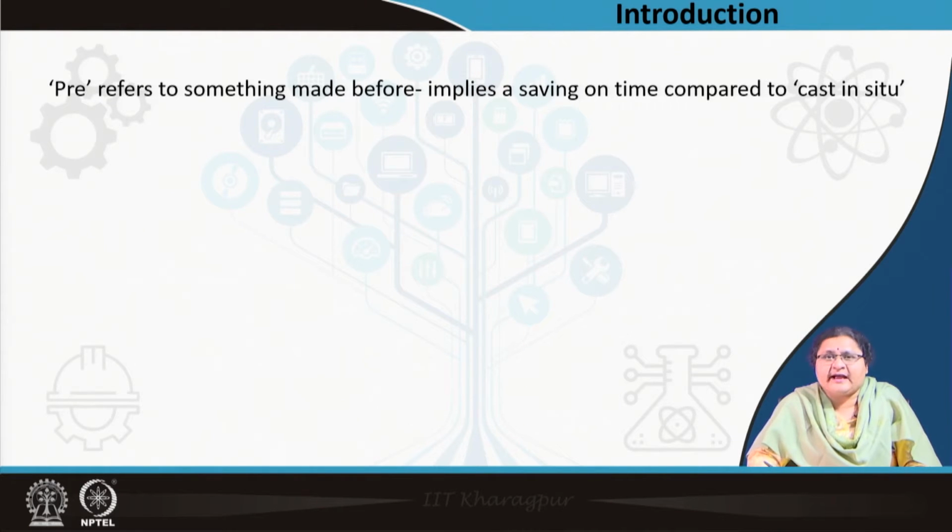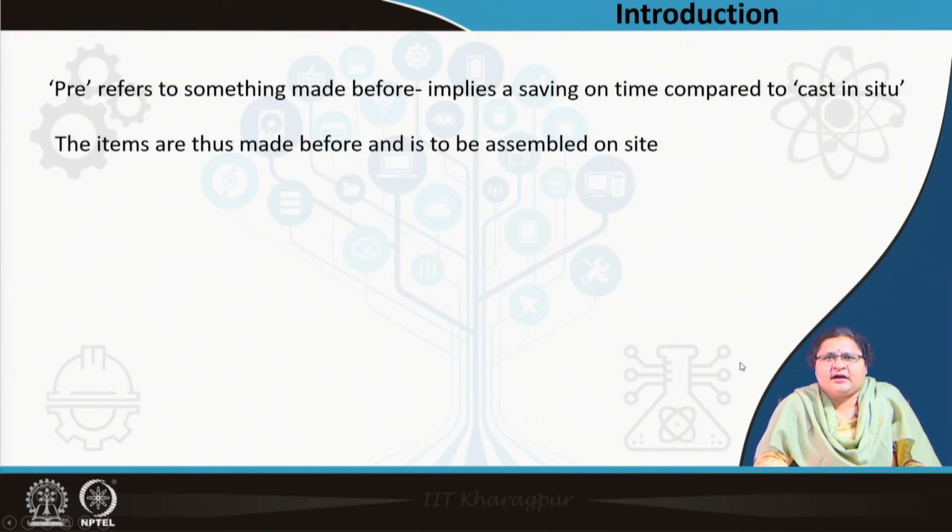So, you can bring something on site which is not that small, again it may be large sized, we will see some images a little later, and there you have to assemble it. When you are in cast in situ, you are assembling bricks, it was a slow process. Here you have actually used up your time in the factory and you have brought on site to assemble. So, the items are made before and assembled on site.